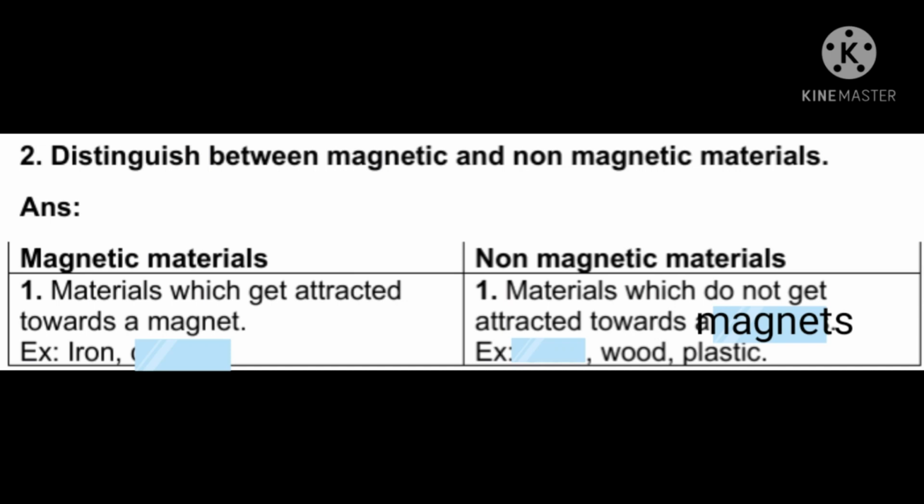Next one, non-magnetic materials. Materials which do not get attracted towards a magnet are called non-magnetic materials. Example: wood, plastic, cloth, paper, leather. These all are non-magnetic materials.